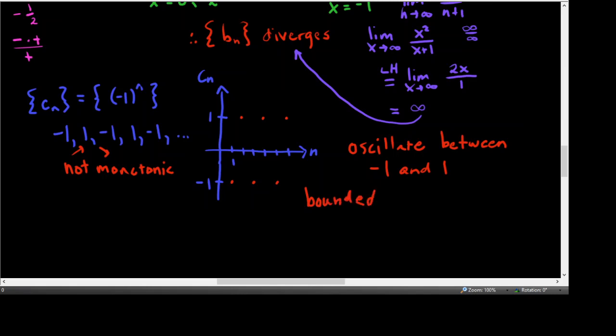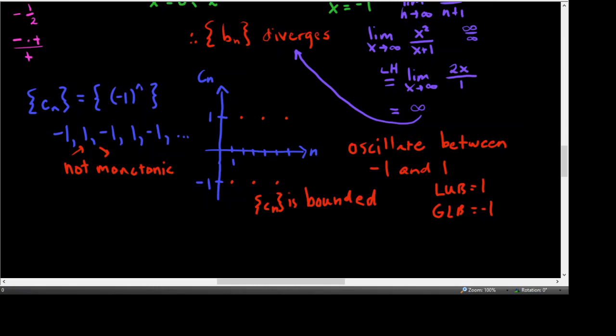Oops, I forgot to say C sub n is, the least upper bound is 1. The greatest lower bound is negative 1. So it is bounded, because it's bounded above and bounded below.